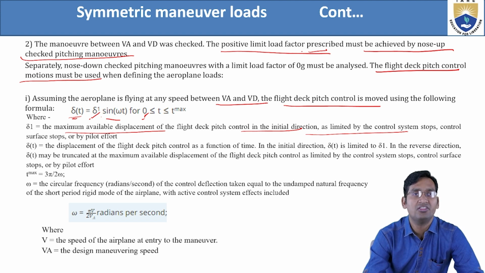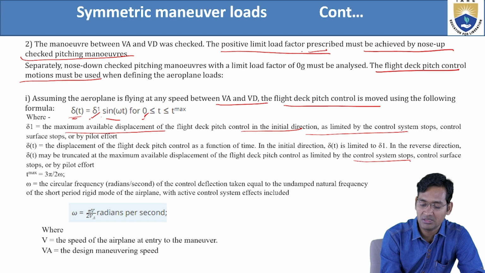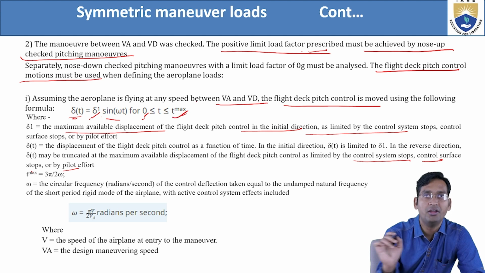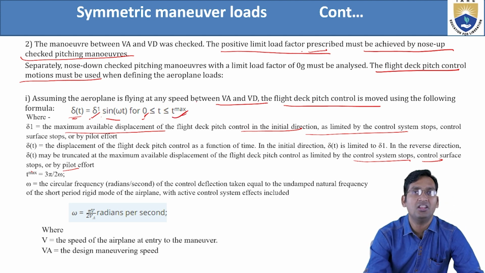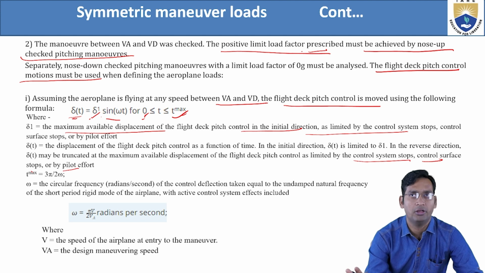In the reverse direction, delta T may be taken as the maximum available displacement of the flight deck pitch control as limited by the control system stop, control surface stop, or by pilot effort. So here delta T can go up to T max, and in the initial condition, delta T is limited to the delta 1 value.